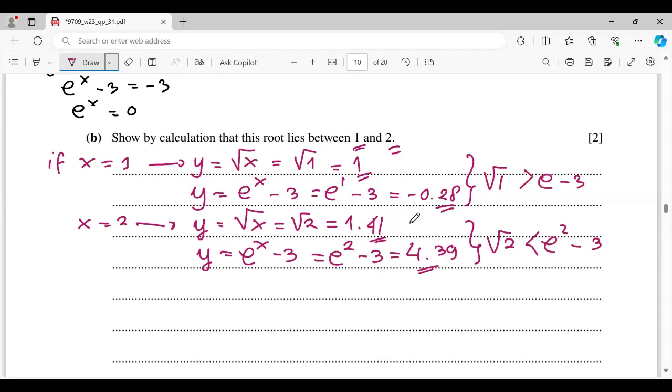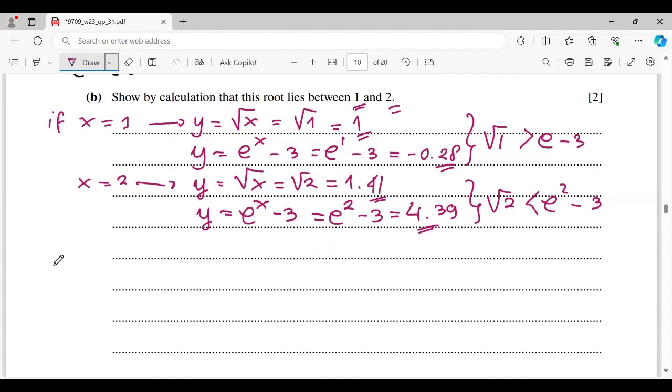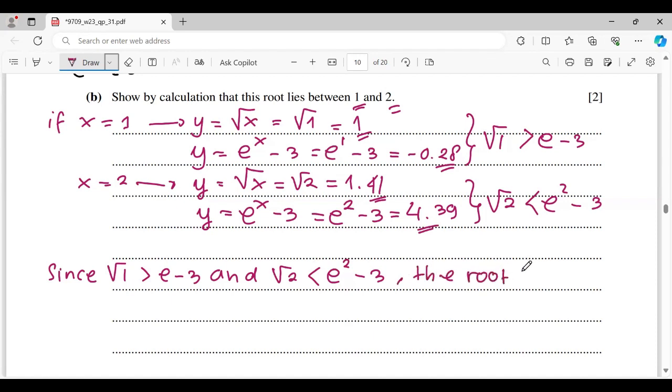So we can state that since square root 1 is greater than e minus 3 and square root 2 is less than e power 2 minus 3, we can state that the root lies between 1 and 2.